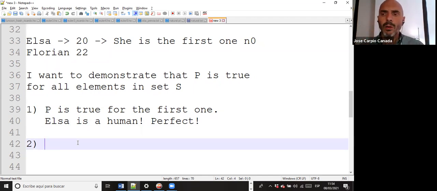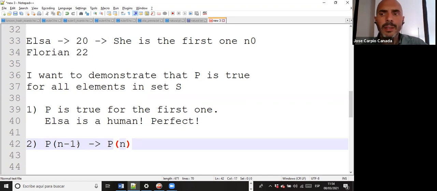If we have people in order in the set, if we create a way to sort the people, for example by age, then we say: if the property P, whatever idea or concept I want to demonstrate, is true for n-1, I can say that P will be true for n.